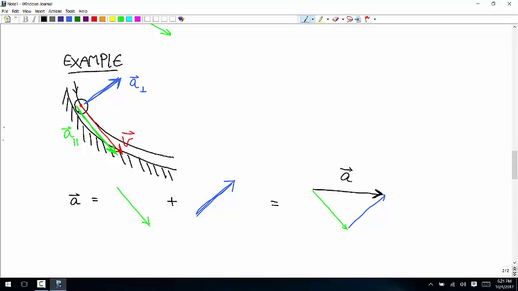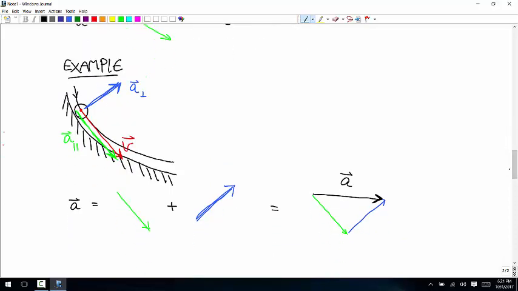Okay, so that's the basic idea, but there's one more thing we have to consider. Thinking about it in this way, there isn't any way to know what the relative lengths are of A parallel and A perpendicular. We know that they're in those directions, but we don't know the magnitudes. Remember doing this in lab last week, where we're adding two vectors where we know the directions, but we don't know the magnitudes.